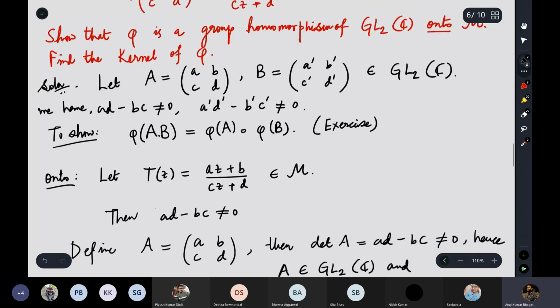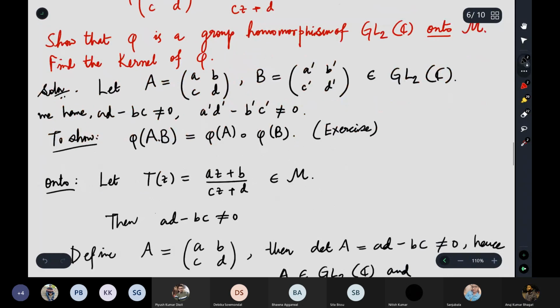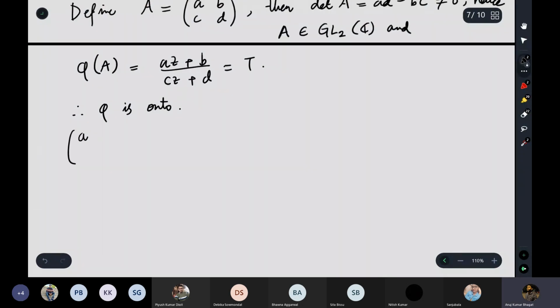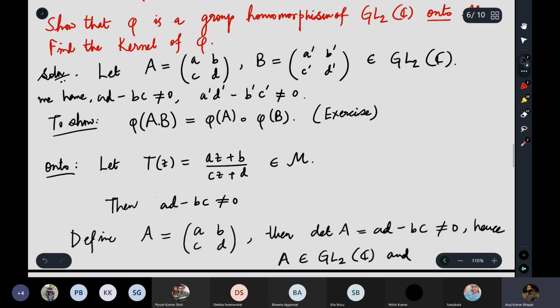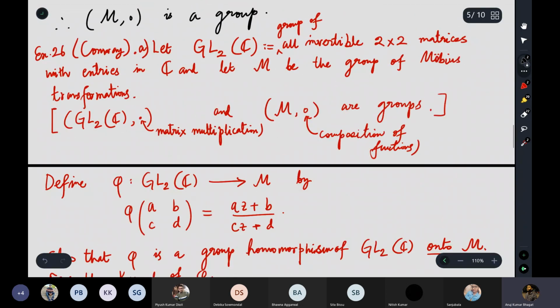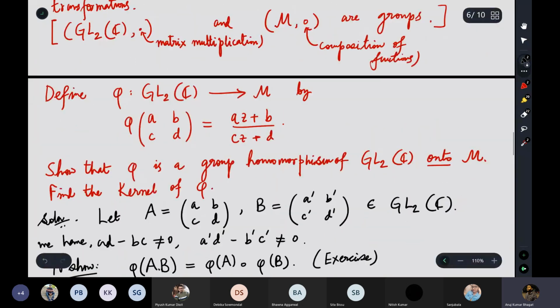Kernel will consist of matrices, right? So a matrix a, b, c, d will belong to the kernel if and only if its image, the Mobius transformation, is equal to the identity element of the group M, and the identity element of the group M is I of z equals z.